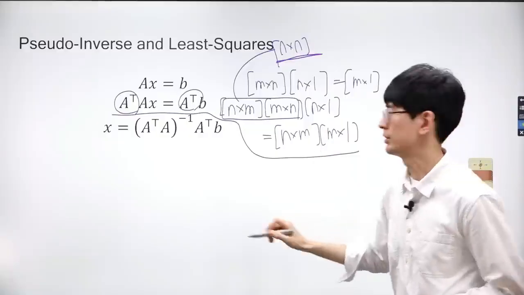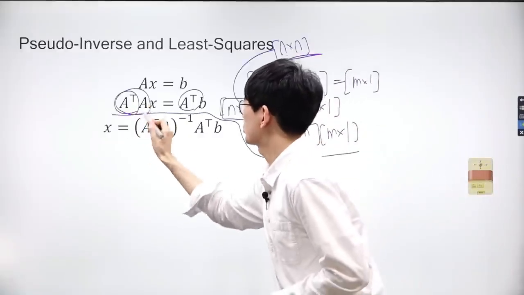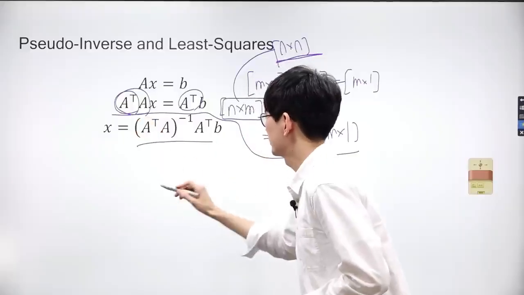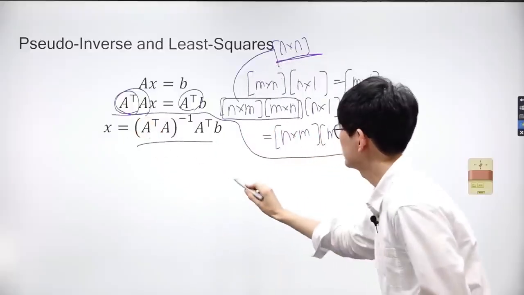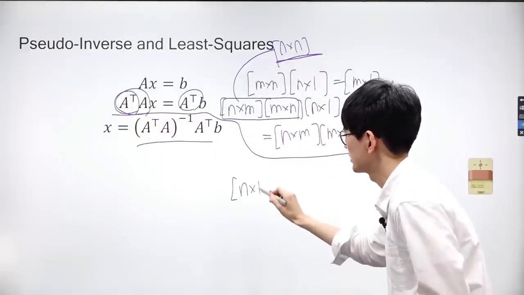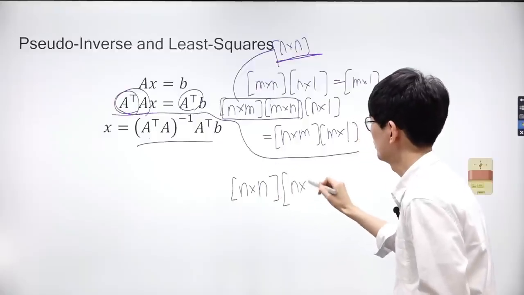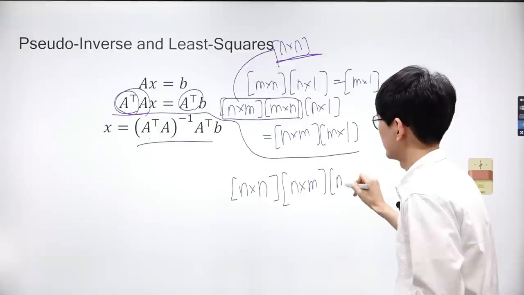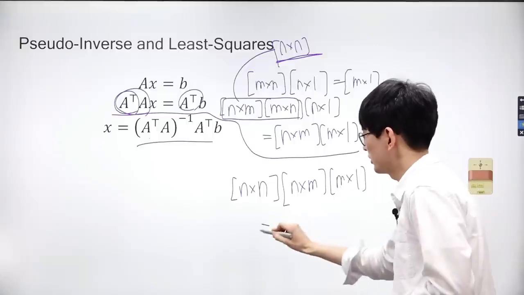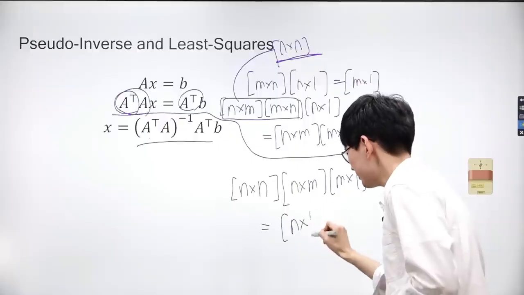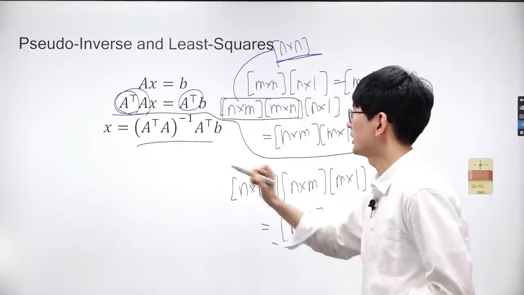This time, we'll multiply the inverse of A transpose times A on both sides of the equation. The dimension of the inverse of the product is n by n, and the dimension of A transpose is n by m, and the dimension of b is m by 1. Thus, the dimension of the final product is n by 1.